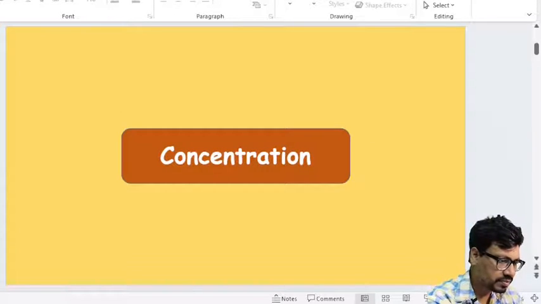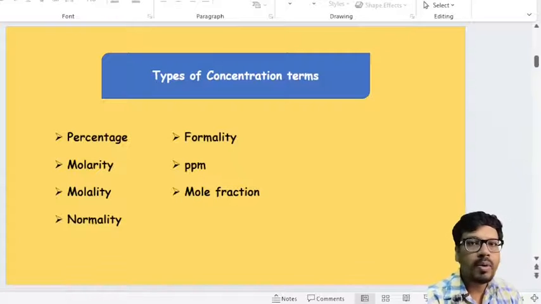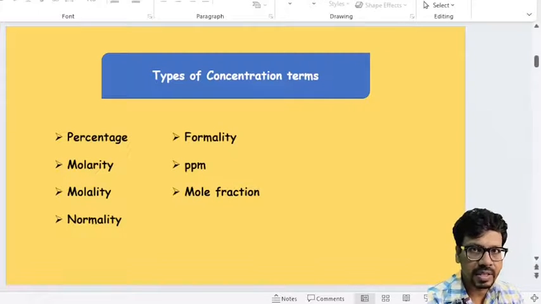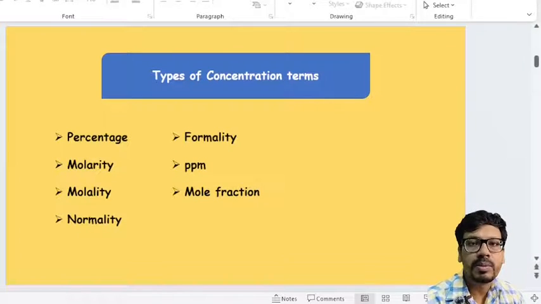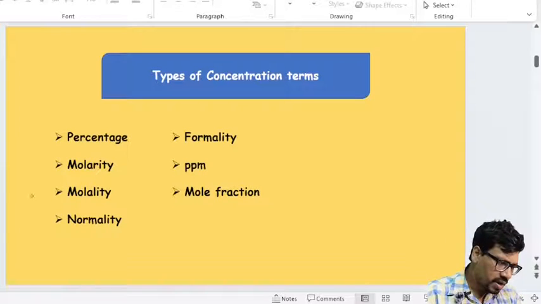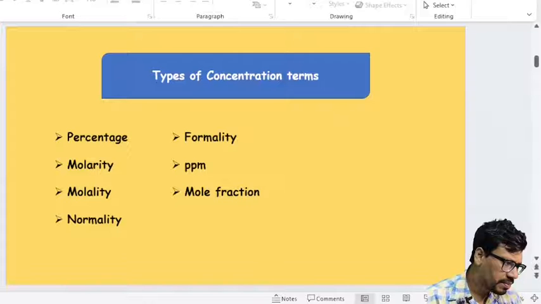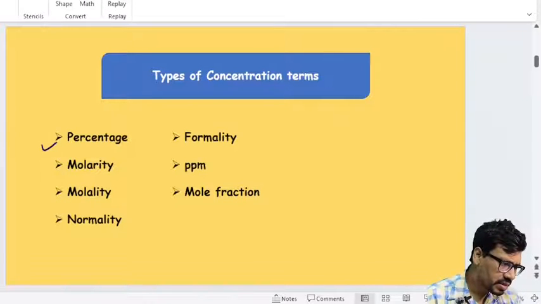Now, what types of concentration terms are there? For different purposes, we can use different types of concentration terms. First of all, the concentration term that is percentage.